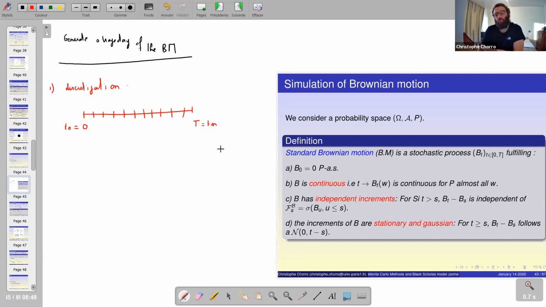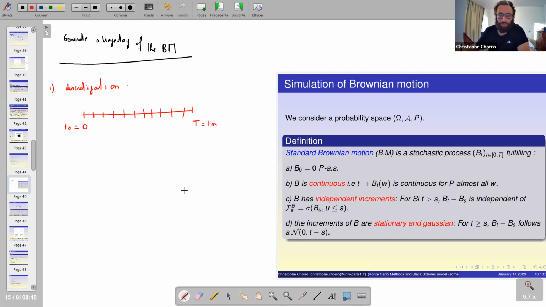What we are going to try to do is to represent the Brownian trajectory at these points, because I can't do better with a computer. I can't generate an infinite number of points, but I can generate a huge number of points, with a very precise discretization and a step size as small as I want.